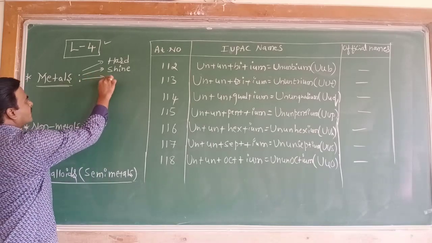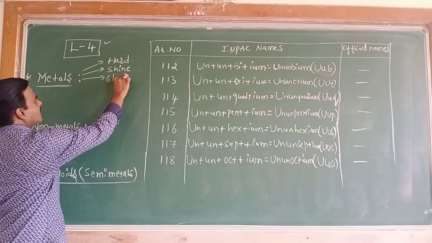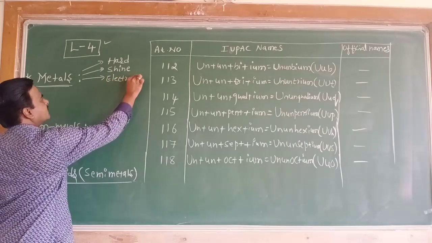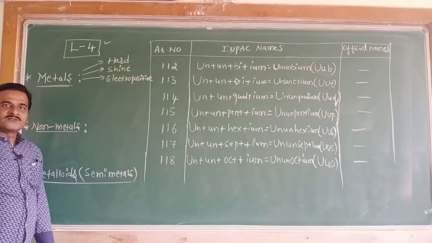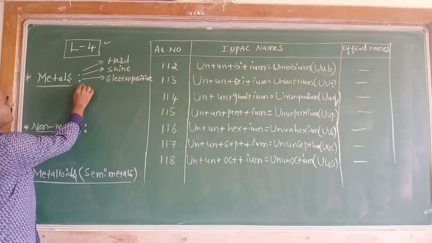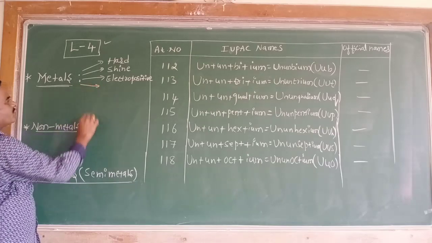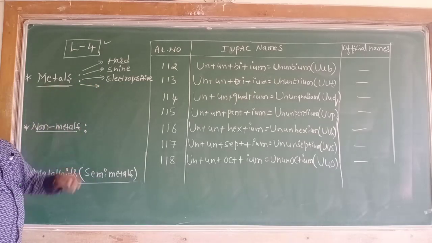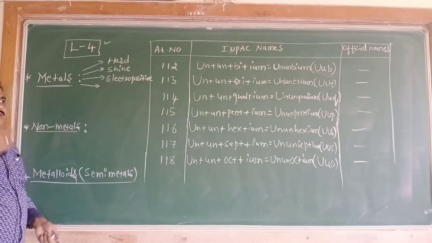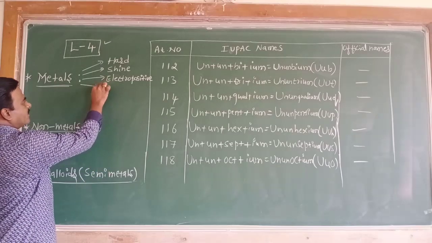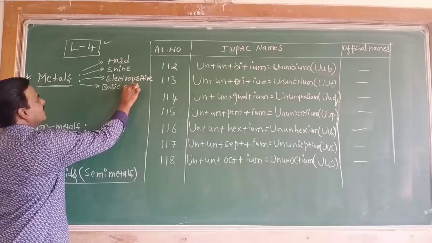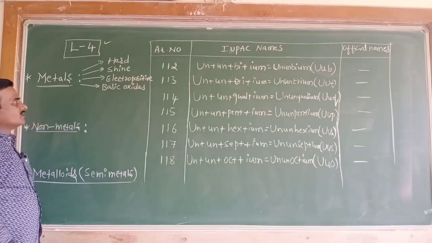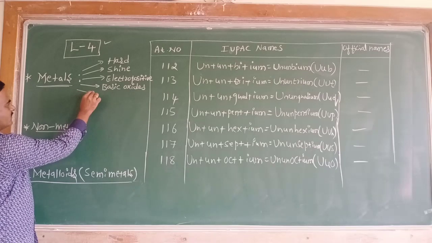Metals are electropositive, with a tendency to give up electrons, and when they react with oxygen they form basic oxides.